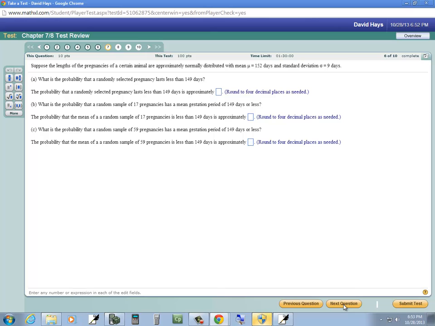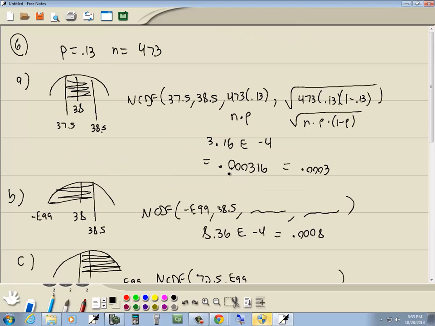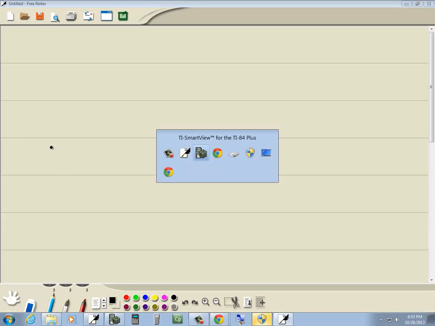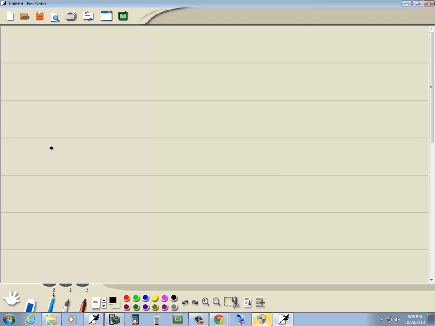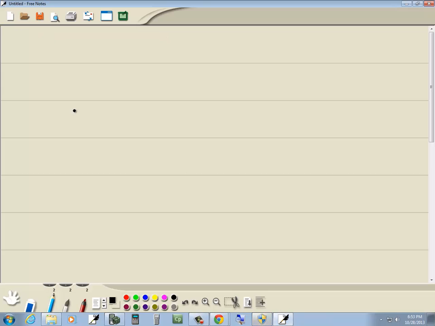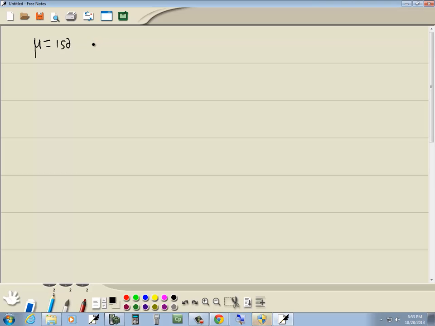Next question. Suppose the length of pregnancy of a certain animal are approximately normal with a mean of 152 and standard deviation of 9 days. So mean is 152, sigma is 9.